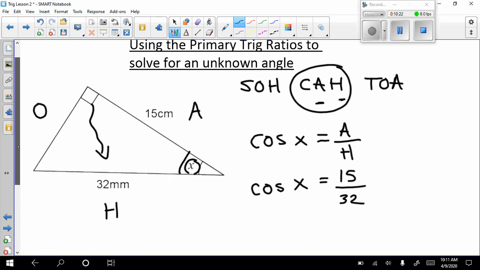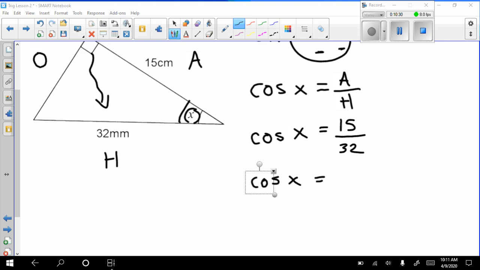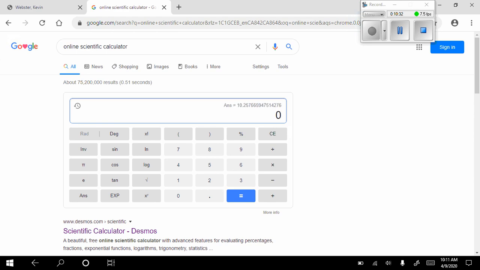Okay, so now let's go to our calculator. I'll just clear it here, 15 divided by 32 equals 0.46875.